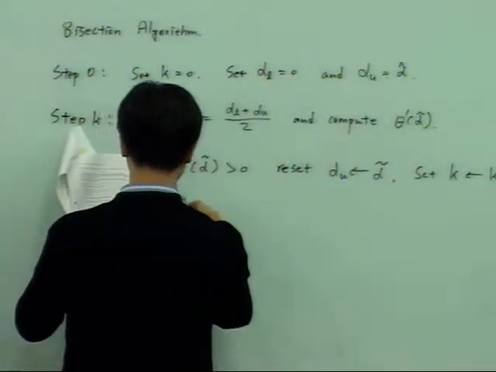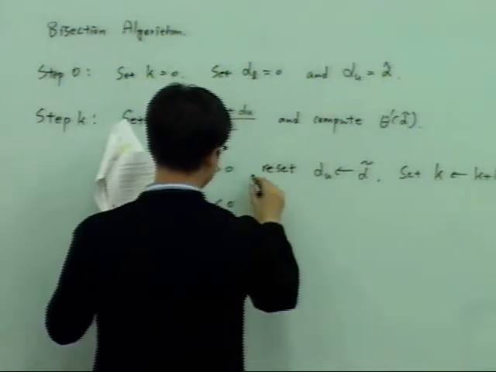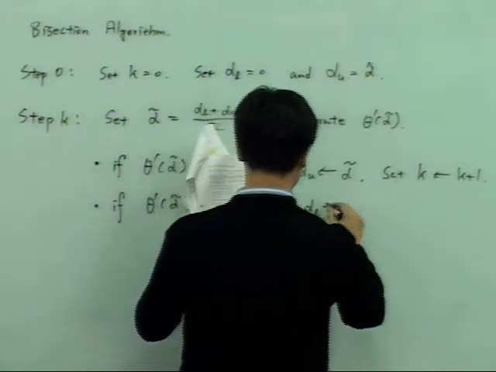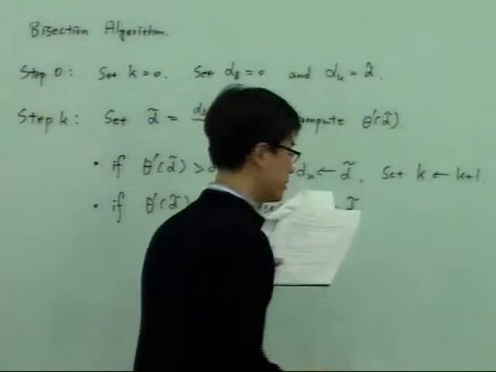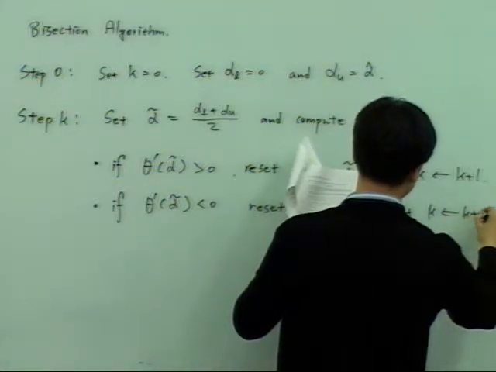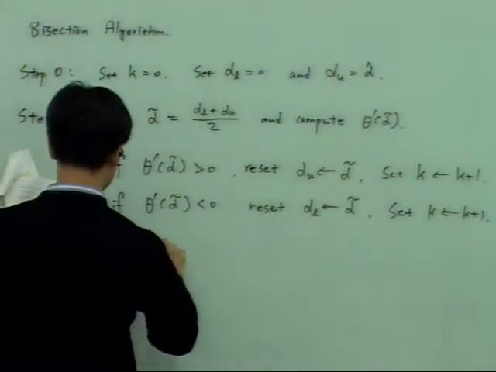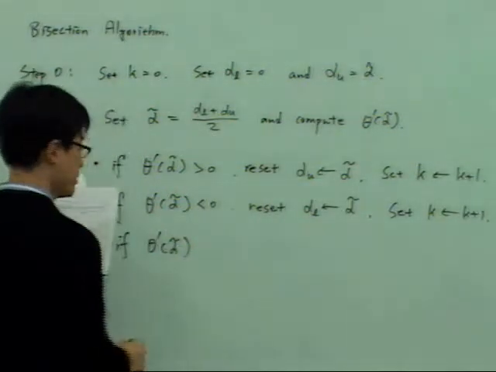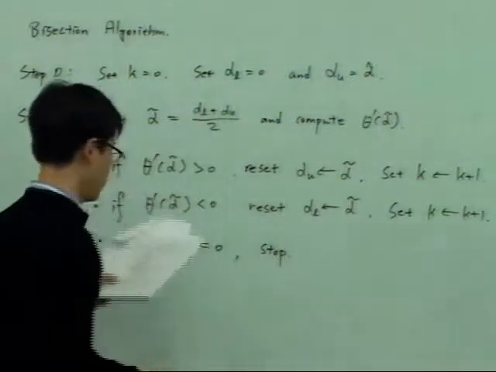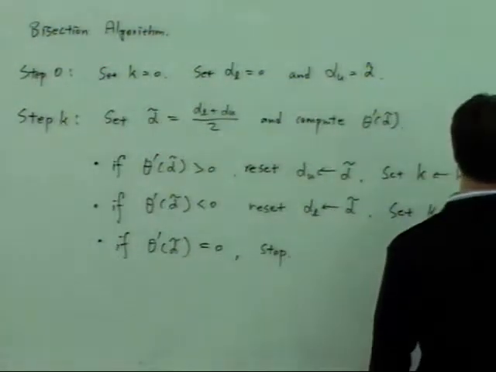Or if zeta prime alpha tilde is less than 0, then reset alpha lower to alpha tilde and increase k by 1. And if zeta prime alpha tilde is equal to 0, then stop. That's the bisection algorithm. Okay.